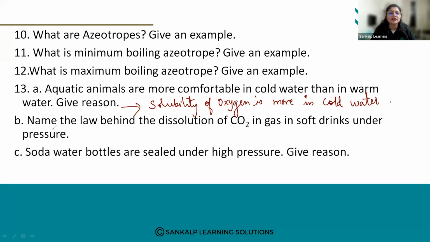Okay. Next, name the law behind the dissolution of carbon dioxide gas in soft drinks under pressure. Which law is applicable for dissolution of carbon dioxide gas?